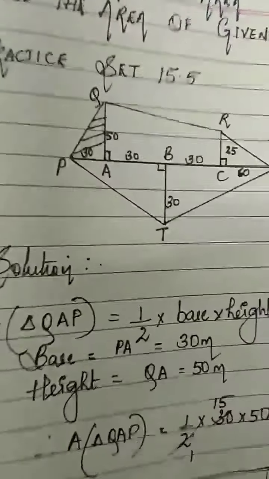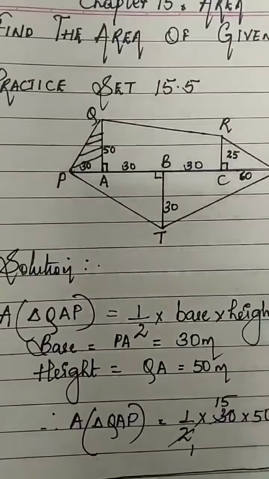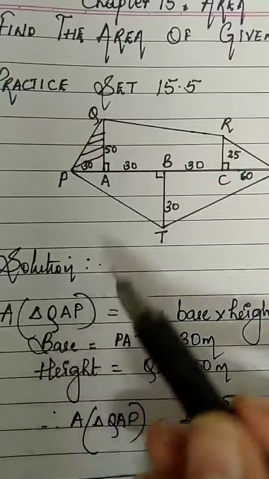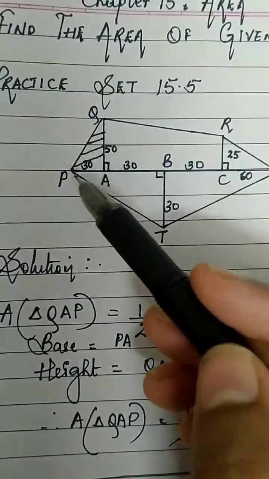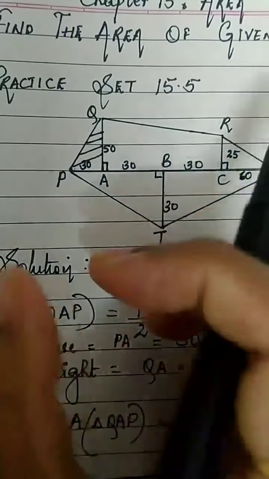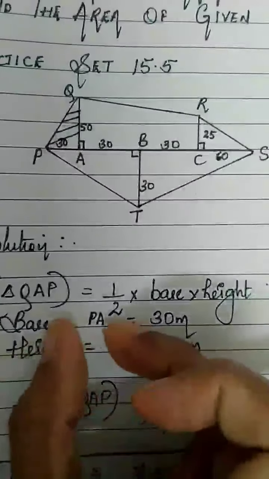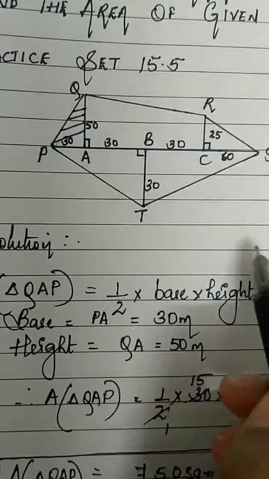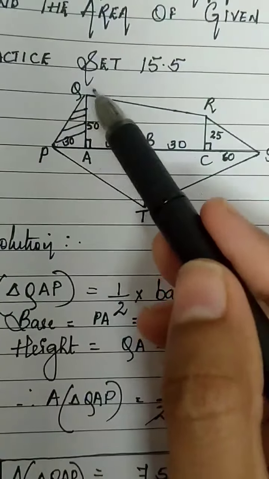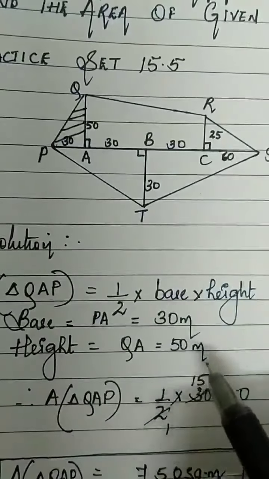So as you can see in this figure, as we discussed, I have found the area of triangle QAP. In triangle QAP, the base is PA, and that is 30 meter. All the measurements are in meter, it is given in the question. Height QA is 50 meter.